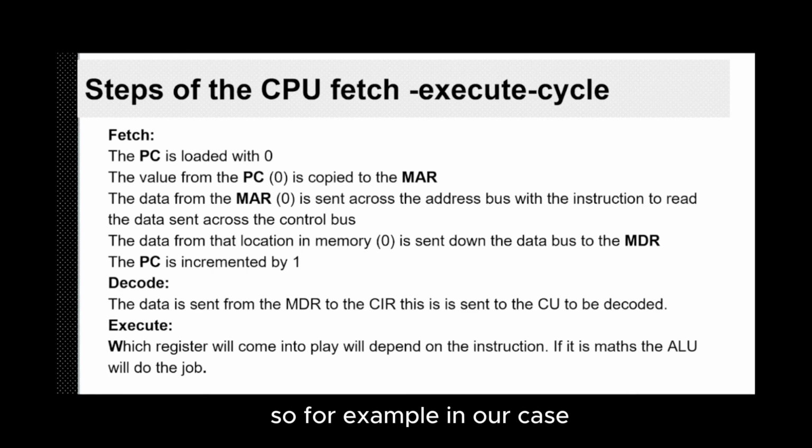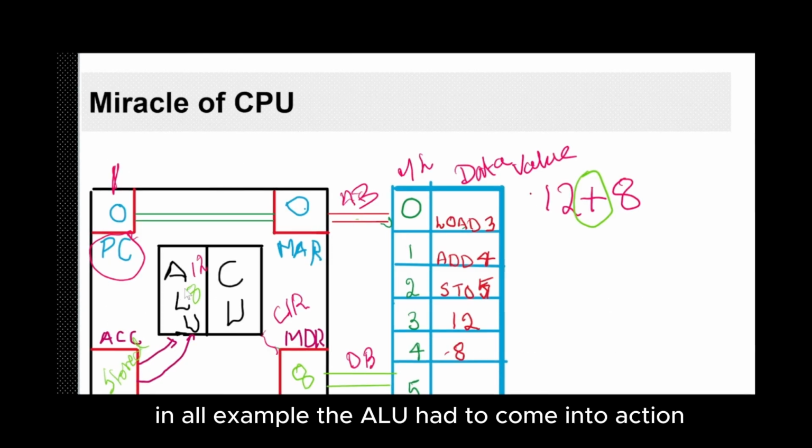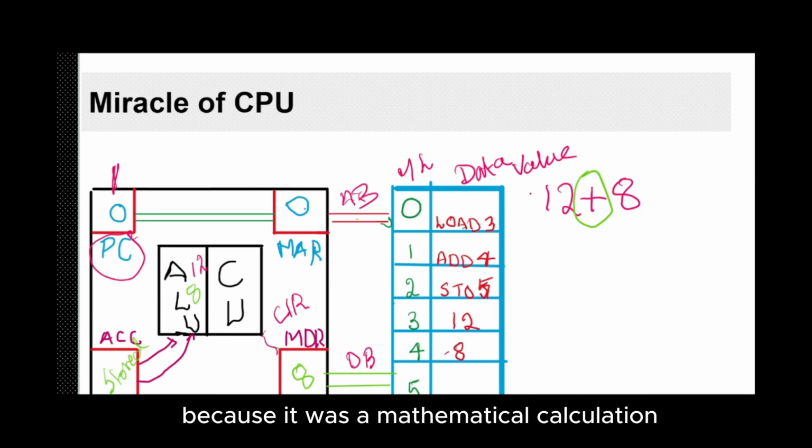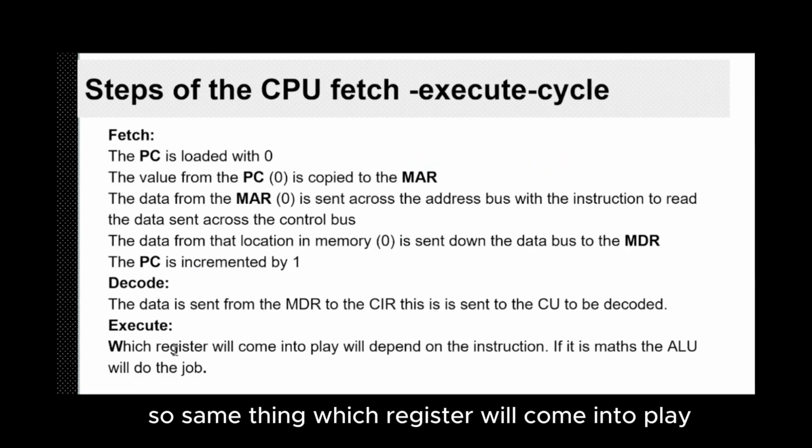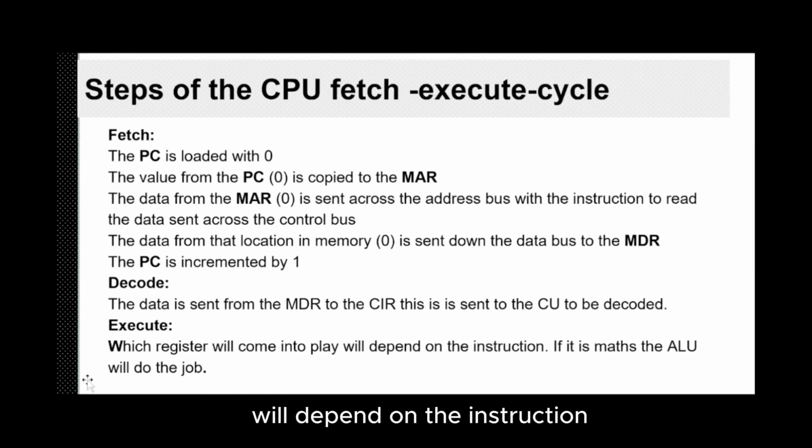So in our example, the ALU had to come into action because it was a mathematical calculation. Which register will come into play will depend on the instruction. If it was hello, it would have been a different instruction.